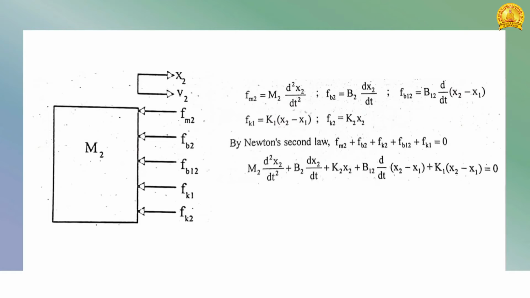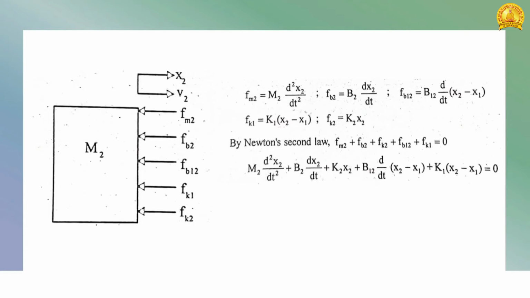Those are the force due to mass M2, force due to B2, force due to B12, force due to K1, and force due to K2. Here one thing to note is that the force due to B12 must be written as B12 into d by dt of x2 minus x1, not x1 minus x2.